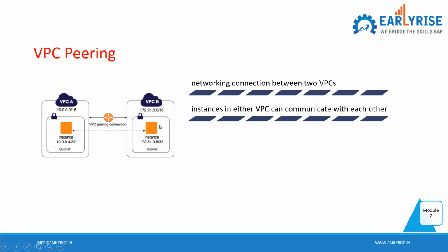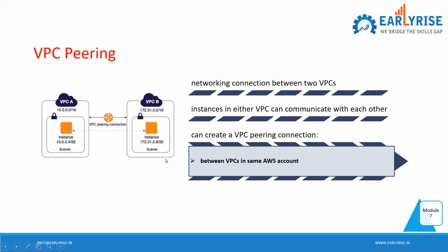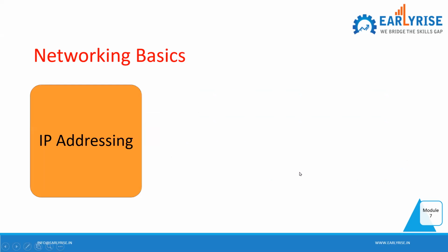You can create a VPC peering connection between VPCs in the same AWS account, with a VPC in another AWS account, and between VPCs in different regions.